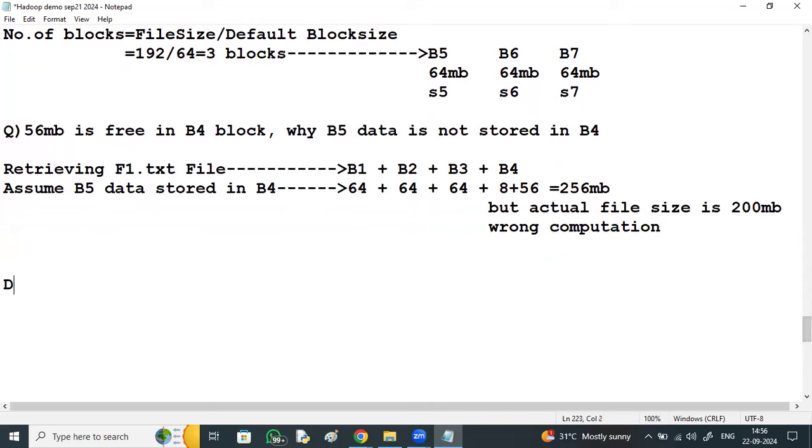So what are the design principles you need to follow with respect to HDFS blocks, Hadoop Distributed File System blocks?